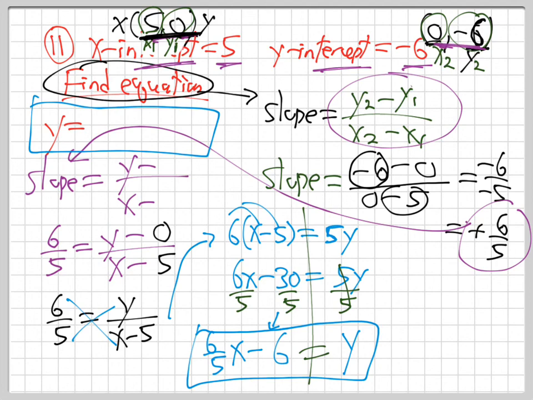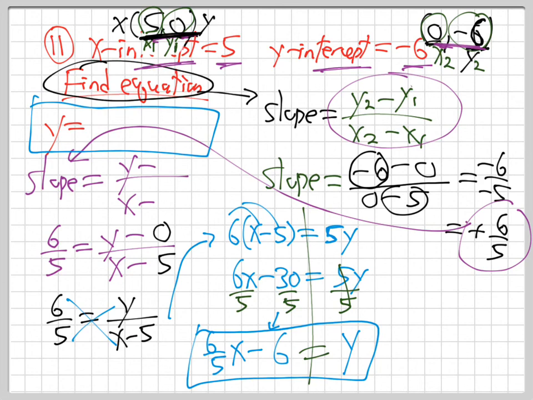Remember on number 11 we talked about intercepts, and they said the x-intercept is 5, and that means the point is 5, 0. And the y-intercept is -6, and that means the point is 0, -6. In other words, an intercept is just one number, but it also has a 0 with it when it comes to an actual point.